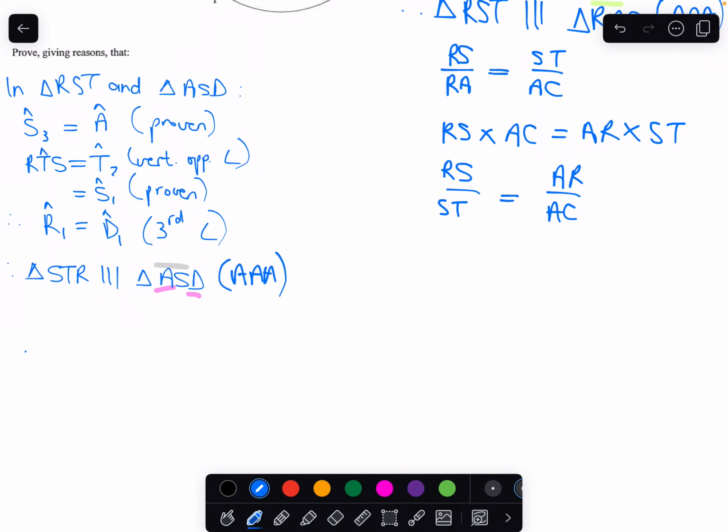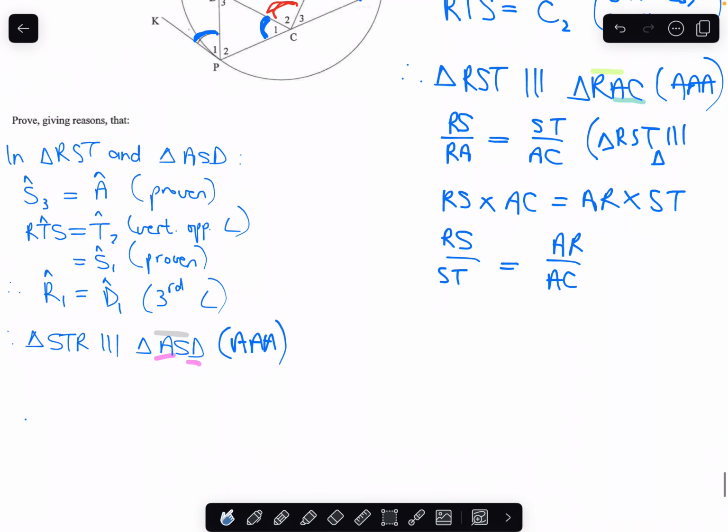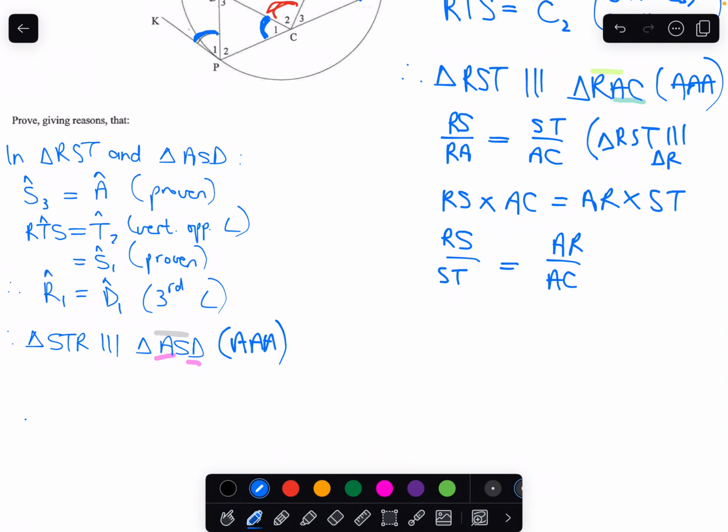Okay, and here we need to give the reason of the similarity. Oh my goodness. I don't know if you have to write this when you have just proven it literally the line before, but anyway, not complaining. Okay, that is not sitting well with me. I'm going to write it big first and then shrink it.